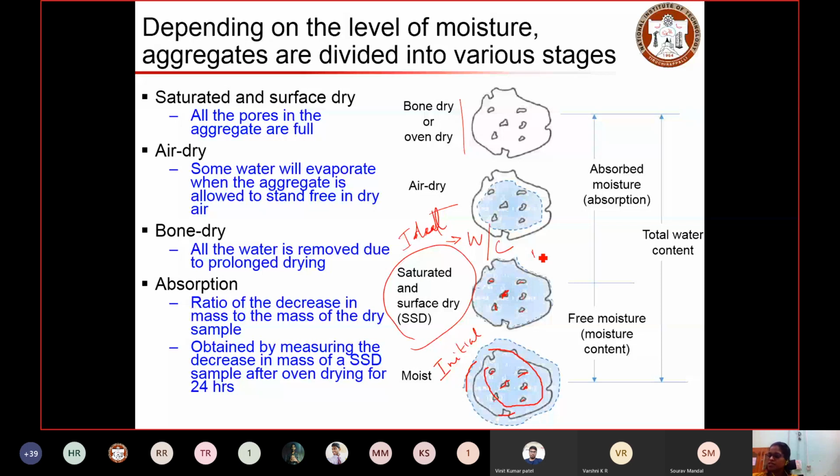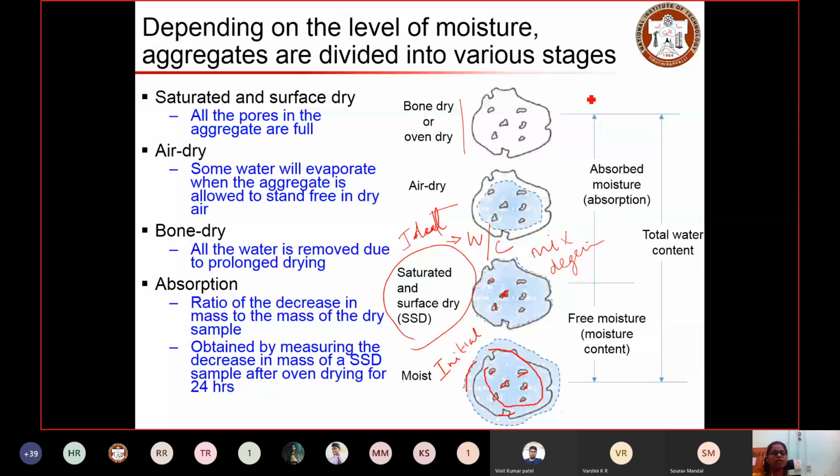So these are the different stages of moisture level present in aggregate, and if you want to know the amount of moisture content present in it and the absorbed moisture content, these are the ways to get it. When we have the initial moist aggregates, where all the pores are filled by water and all the surface is wetted by water, this is the initial stage, and we know that the stage where all the water is removed is the stage called bone dry or oven dry.